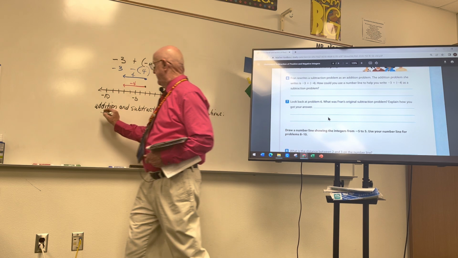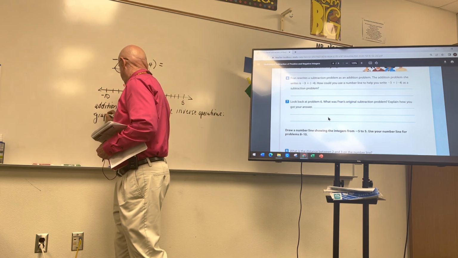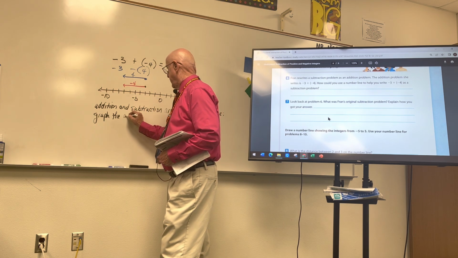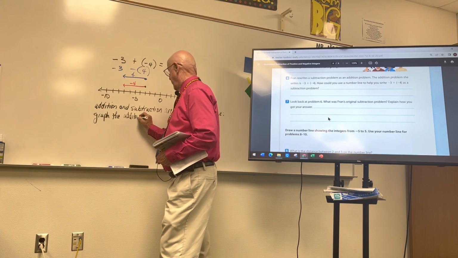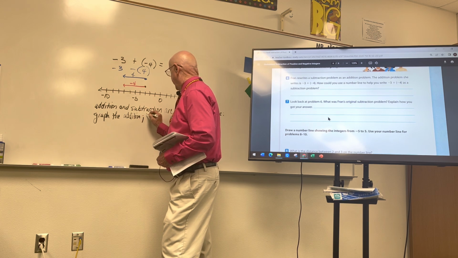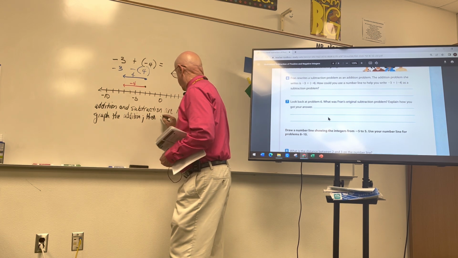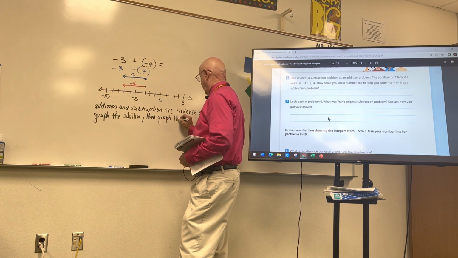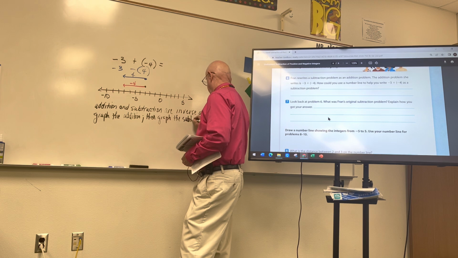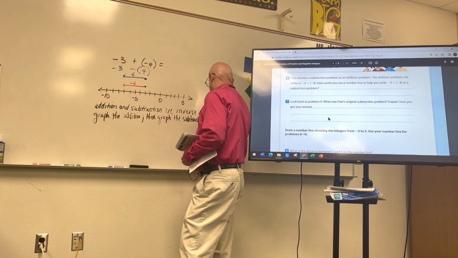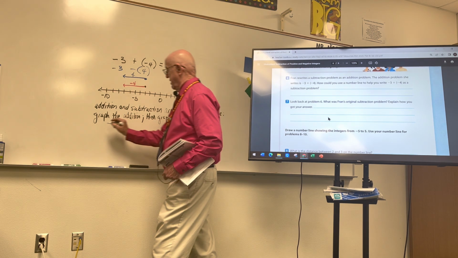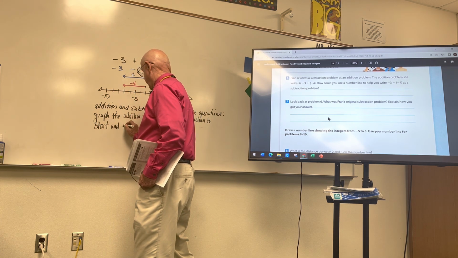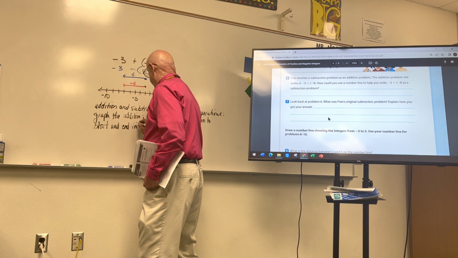So I graph the addition, then graph the subtraction, to start and end in the same place.